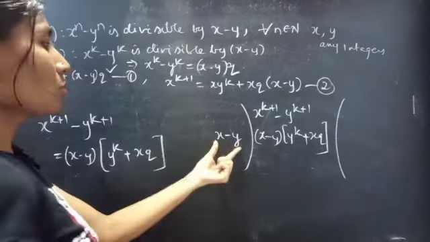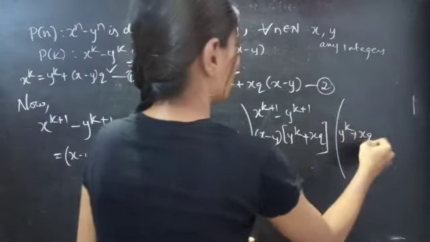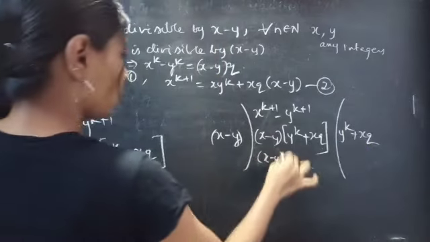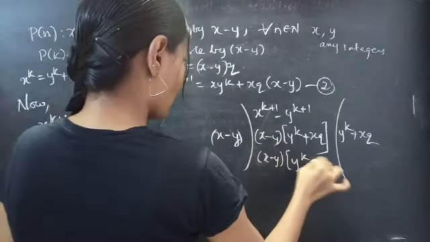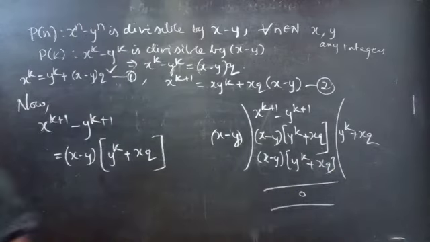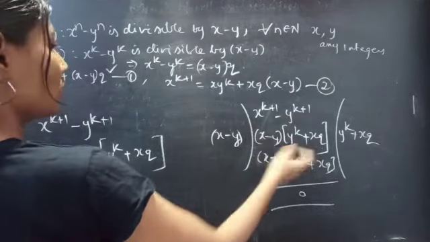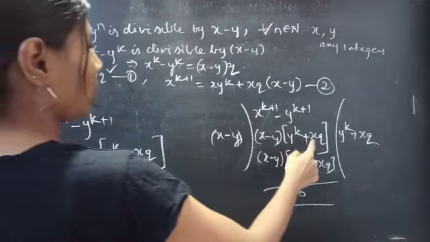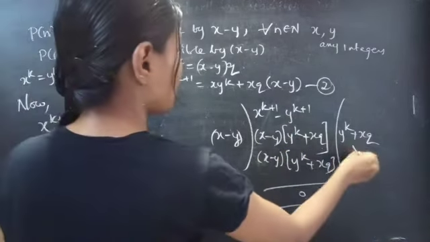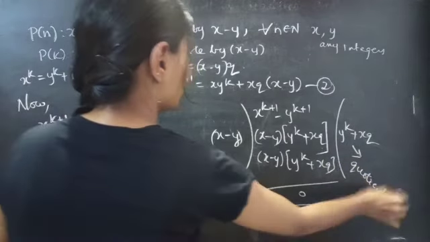So x minus y into y power k plus x cube, where x minus y is the divisor, x power k plus 1 minus y power k plus 1 is the dividend, and y power k plus x cube is the quotient, right?